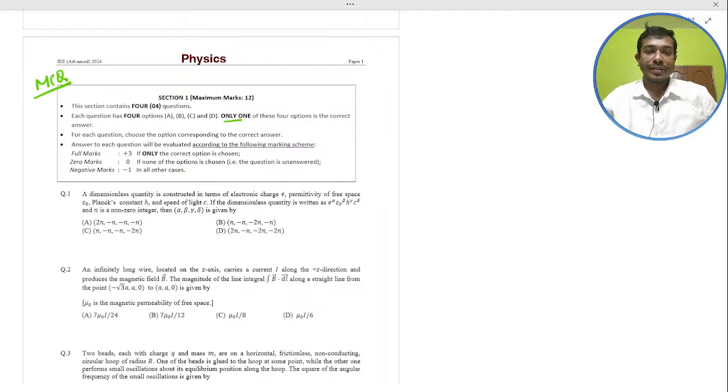If the dimensionless quantity is written in the form e to the power alpha, epsilon naught to the power beta, h to the power gamma, c to the power delta, and n is a non-zero integer, then (alpha, beta, gamma, delta) is equal to what?